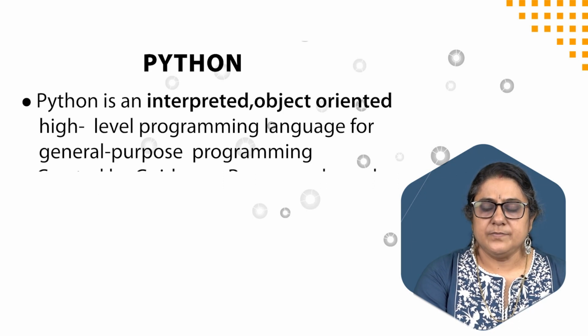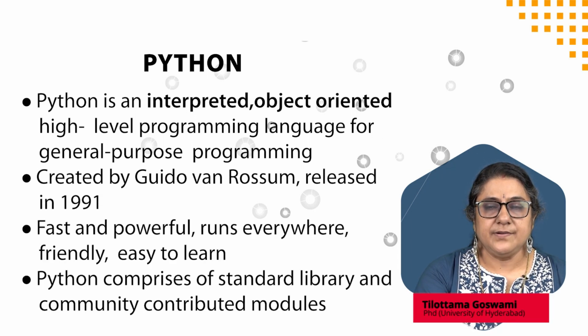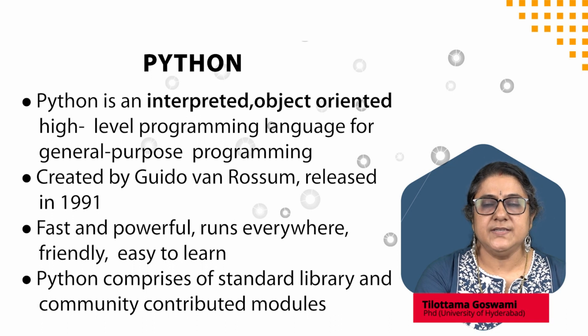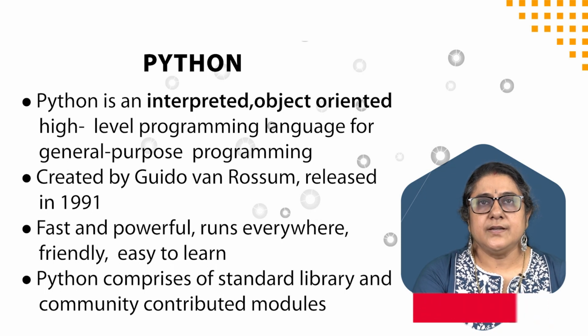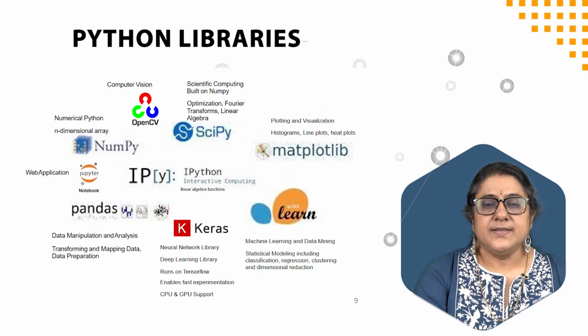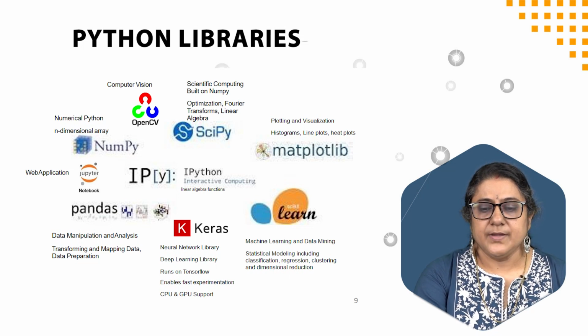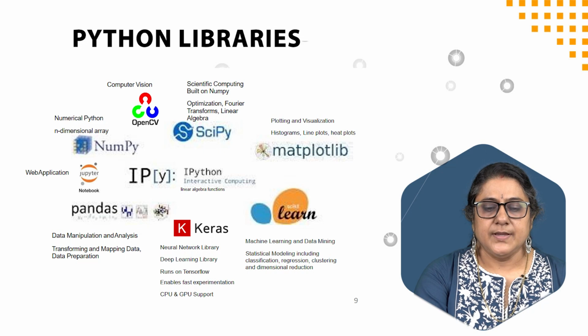Python is an interpreted, object-oriented, high-level programming language, and it's very powerful and runs everywhere. It's friendly and very easy to learn, and it has a bunch of standard libraries: OpenCV for computer vision, SciPy for scientific computing, Matplotlib for plotting and visualization, and Keras, a neural network and deep learning library which runs on TensorFlow and supports CPU and GPU as well.